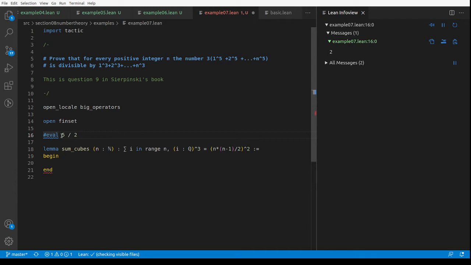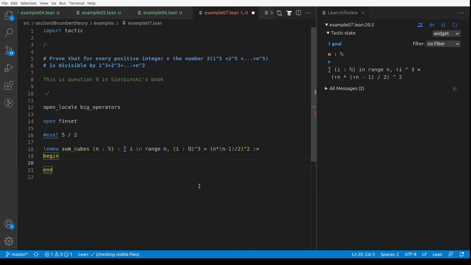If I hover over this div, you see it has type alpha to alpha to alpha. So if it eats two things of type alpha, it's obliged to spit out something of type alpha. If you give it two naturals and tell it to divide them, it must spit out a natural, whether or not the answer is actually a natural. So we have to coerce to the rationals to get mathematically correct division. Otherwise, subtraction and division are not mathematically meaningful.